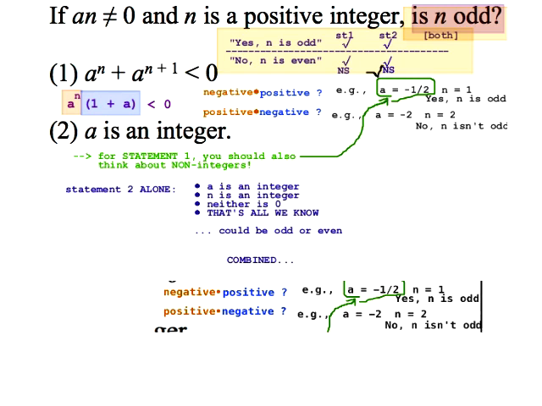The problem with having A be negative and 1 plus A be positive, remember that's what we're talking about, the left-hand part is A to the n, and the right-hand part is 1 plus A. The only way that you can have A negative and 1 plus A positive is if this would have to be fractional. And so if A has to be an integer, then that case is going to be ruled out. This isn't going to be possible anymore.